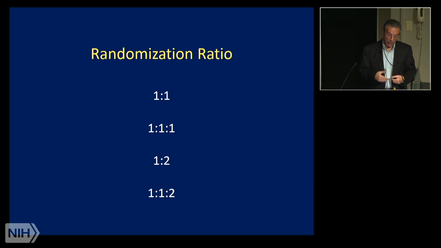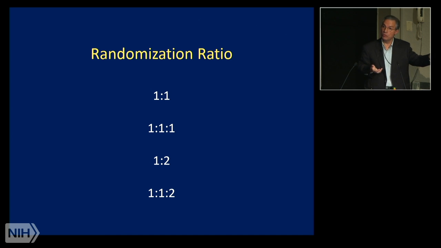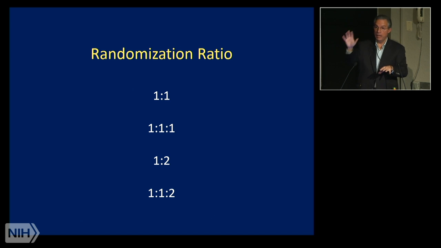That's the most typical. If you see a 1-to-1-to-2, it tells you you've got 3 treatment groups, and the chance of being assigned to treatment C is twice as much as the chance of being assigned to A or B. So it's a 1/4 chance to A, 1/4 chance to B, and 1/2 chance to C. Okay? So just notation stuff.